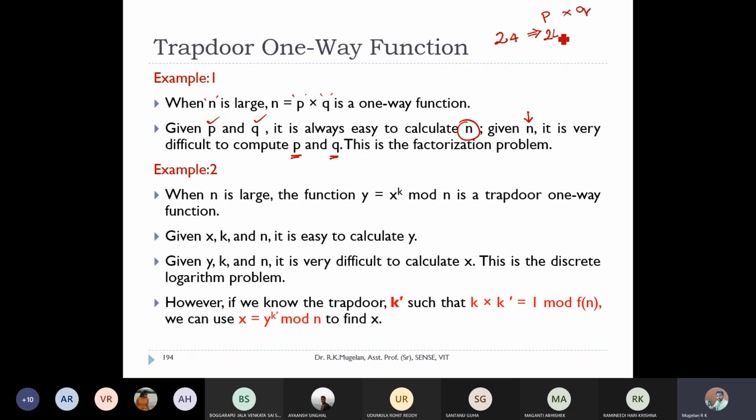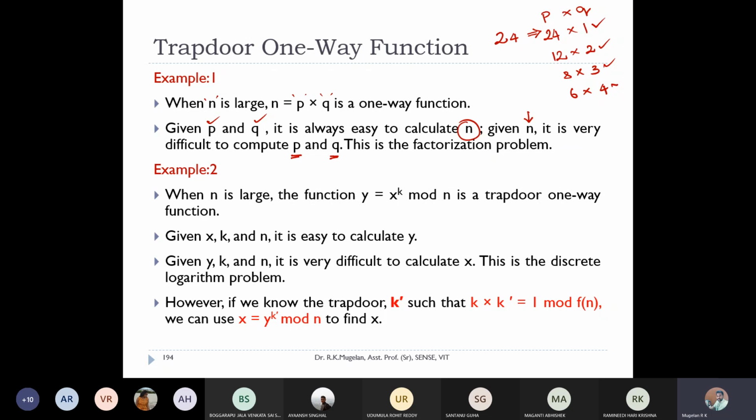Some will tell 24 cross 1. Some will tell 12 cross 2. Some will tell 8 cross 3. Some will tell 6 cross 4. So it can be any one answer; this is correct, this is correct, this is correct, and this is also correct. But giving the value of n and asking for p and q is very difficult to compute. You can compute and tell me, but there will be many options. So it is a one-way function if I simply give you the value of n.